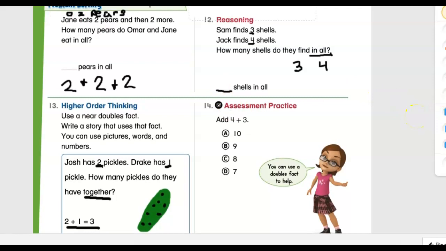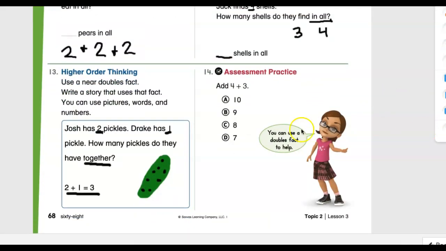So boys and girls, I went ahead and just typed my question for number 13. I said Josh has 2 pickles. Drake has 1 pickle. How many pickles do they have together? And then at the bottom, I wrote 2 plus 1 equals 3. So in my answer, I used a near doubles fact. I told a story using words, and then I drew a picture of a pickle.